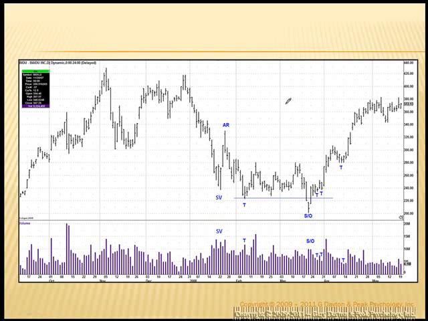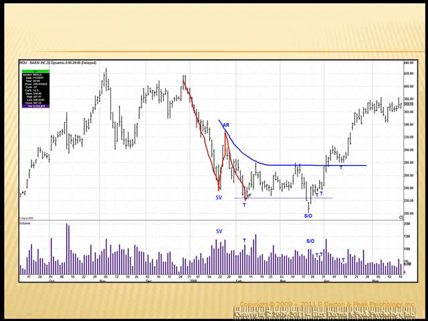Now, in terms of wave structure, we have this creek of supply that comes through, and I'm going to change the colors here so we can see. You can see a big down wave. Sellers are in control. An up wave. Pretty good size down wave.